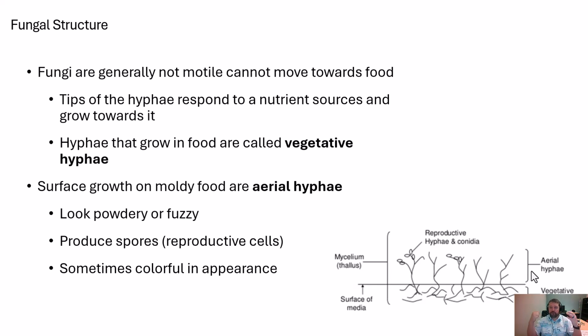So it's producing spores. It's ready to allow those spores to be carried by the wind or water, or by another organism, something that's going to pick up that spore and take it somewhere else. And so the whole thing is a thallus, or the whole thing is a mycelium. But we divide the two mainly to talk about the reproductive part, or the aerial hyphae, and then the vegetative part, or the part that's actually consuming material.